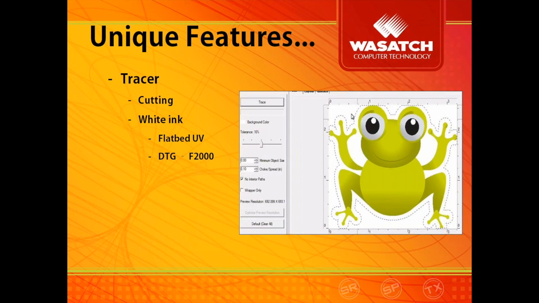There's no spot colors in this to determine your cut path. So rather than opening it in Illustrator and adding layers and named colors and whatnot, SoftRIP would allow you to just trace the image. Basically, we're looking at what's the white background and where's the pixel data.